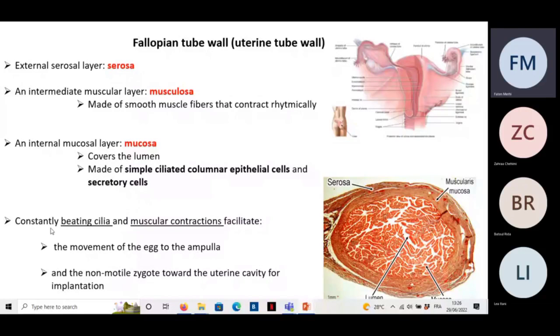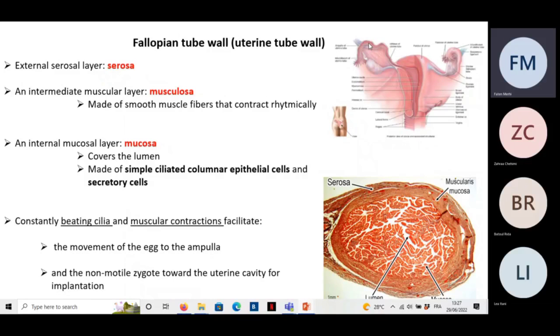Now, the cilia are constantly beating, and we have muscular contractions of the musculosa, and due to those contractions and the beating of the cilia, we can have the movement of the egg to the ampulla. In this way, the oocyte can be moved to the ampulla.